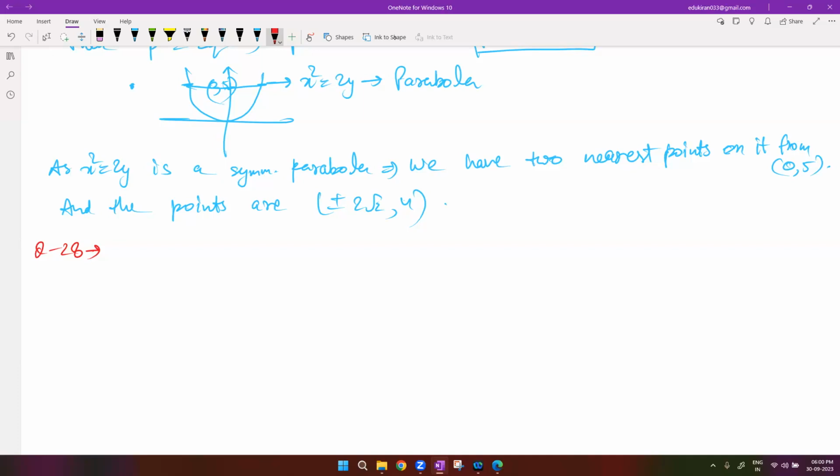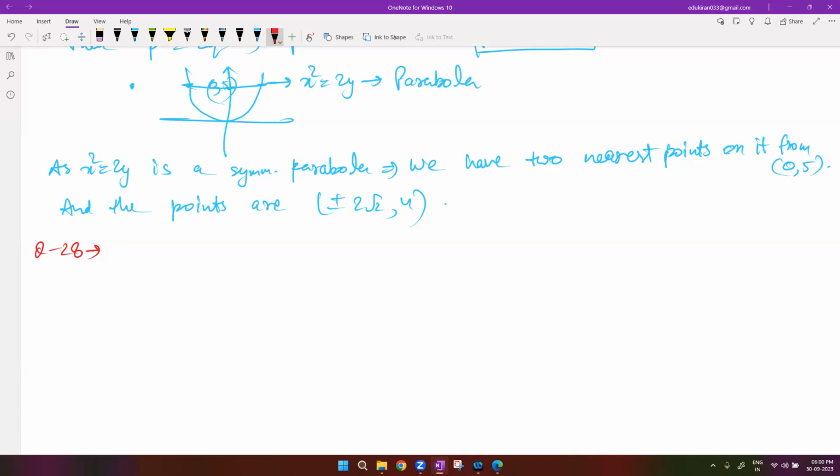Okay, 28. So 28 says for all real values of x, the minimum value of 1 minus x plus x square upon 1 plus x square. Correct. Sure. We have many methods to solve this, by the way.